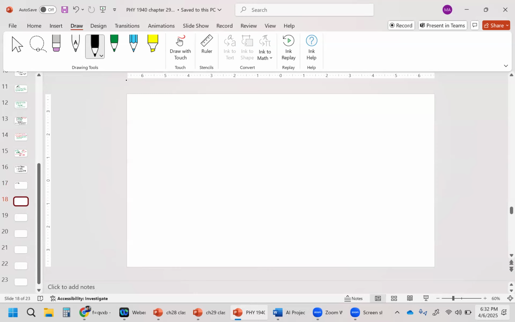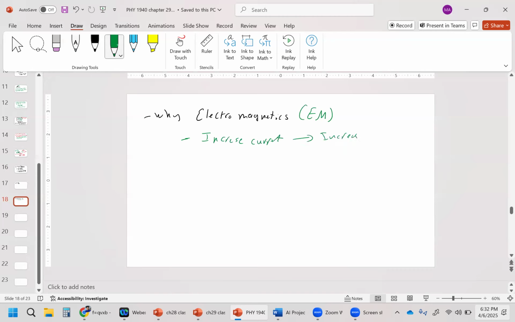Now, I need to go ahead and go through this. Why do we use electromagnetics? Well, which we give the letters EM. When you increase current, that means you increase the strength.